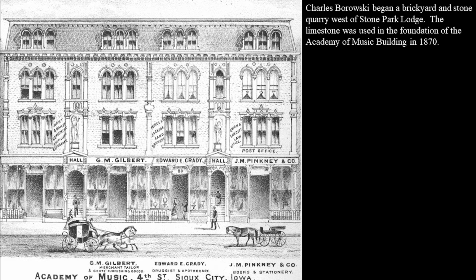It seated about 800 people, and it was a brick building, but it was built on a limestone foundation that came from the quarries of Charles Borowski, who had a short-lived limestone quarry out in what became Stone Park, in that Greenhorn limestone. He was quarrying that and selling it as building material.